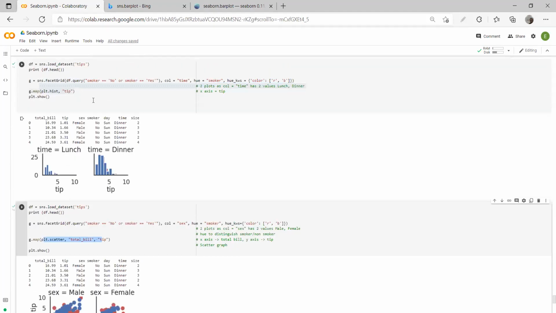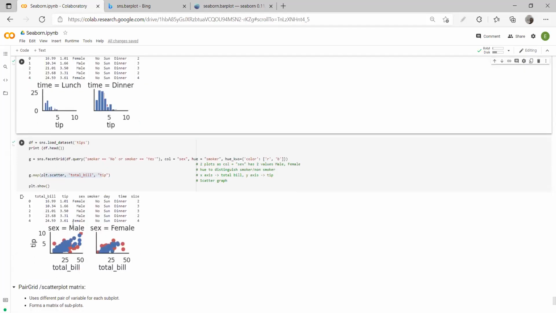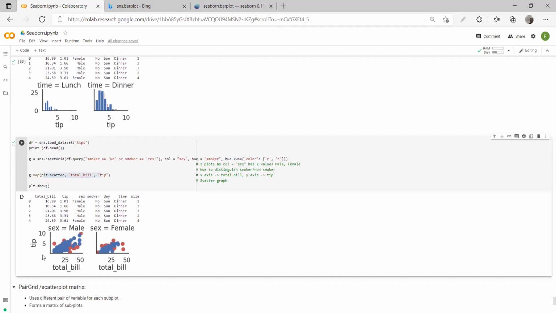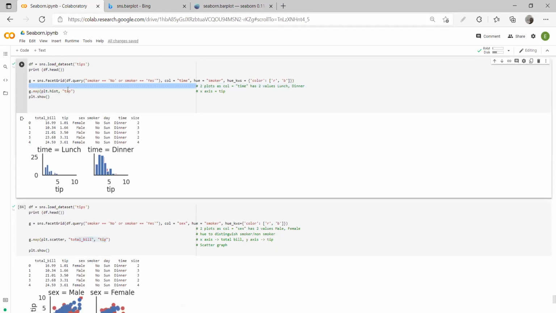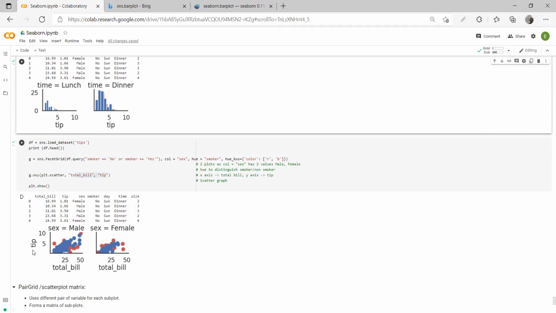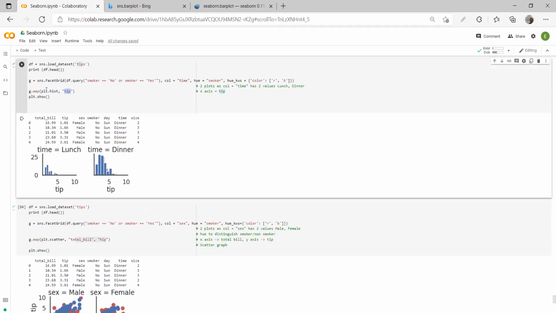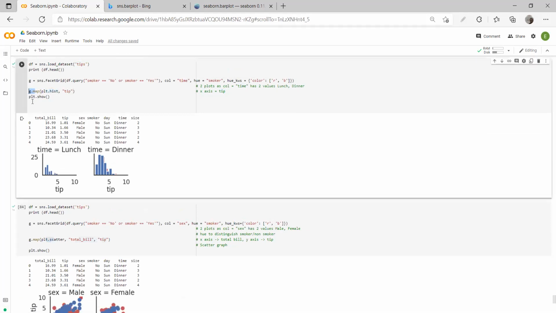Over here we only give a tip so that it was giving a count of people. Over here we give total bill versus tip, so it was giving total bill versus tip. So two things to take away: you can specify different options and you can give them in multiple steps, right?